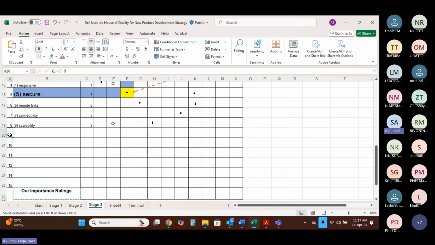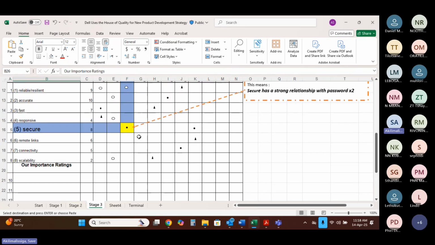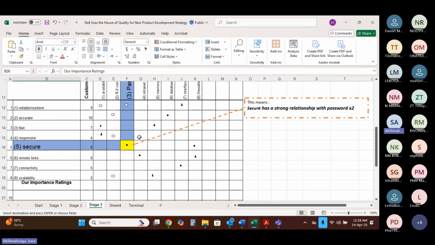So what we do here is provide the total of each row. How do you go about doing this?